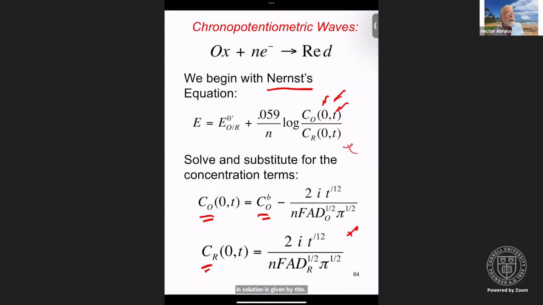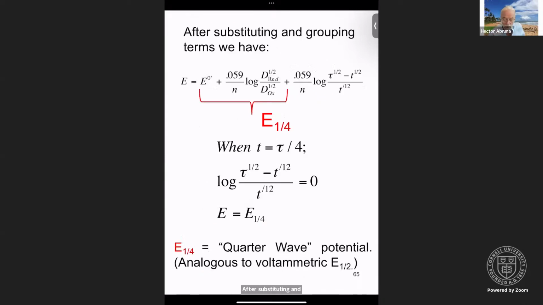After substituting and grouping terms in the Nernst equation, we get the following expression. That E equals E0 prime, 0.059 over n, log square root ratio of the diffusion coefficients of ox and red, plus 0.059 over n, log of tau to the 1/2 minus t to the 1/2, over t to the 1/2.